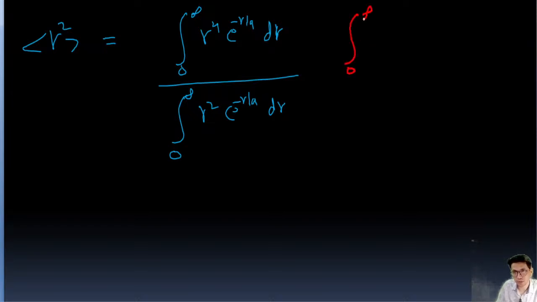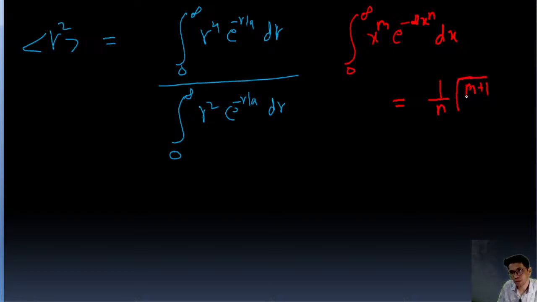If we have integral 0 to infinity of x to the power m e to the power minus alpha x to the power n dx, this will be 1 upon n gamma of m plus 1 upon n, upon alpha to the power m plus 1 upon n.